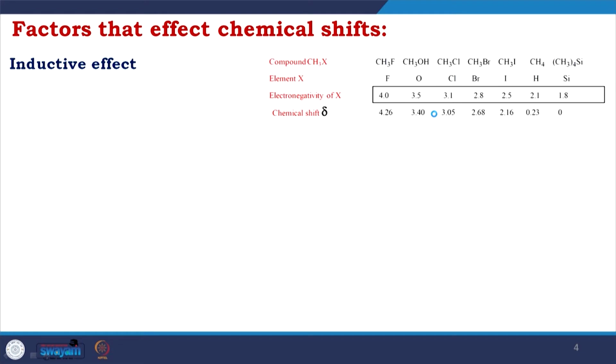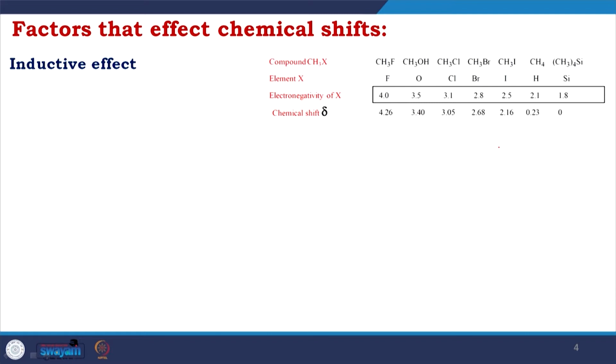Inductive effect. We are taking a group of compounds with CH3X, where X is replaced by different elements: CH3F when it is fluorine, CH3OH when it is oxygen, CH3Cl when it is chlorine, CH3Br when it is bromine, CH3I when it is iodine, CH4 when it is hydrogen, CH3 whole 4 Si when it is silicon.